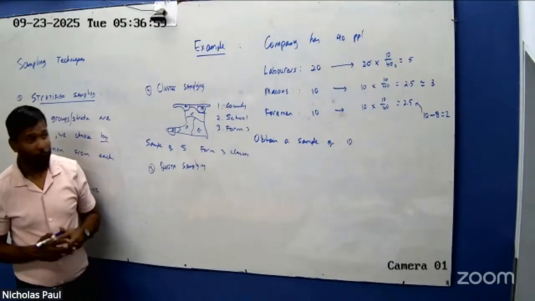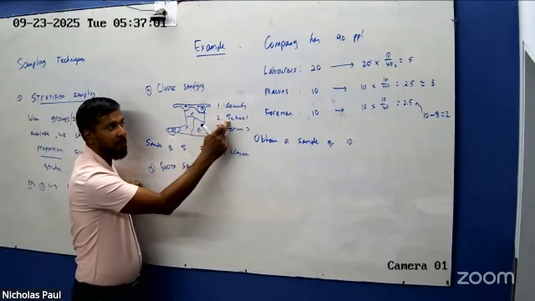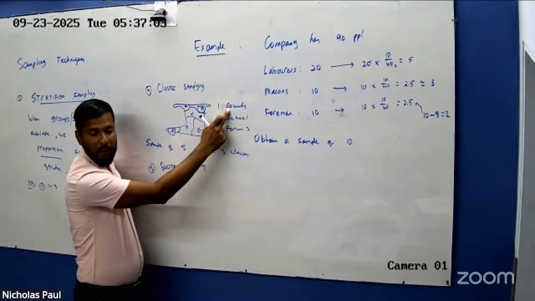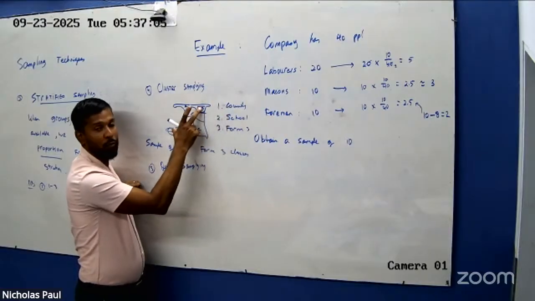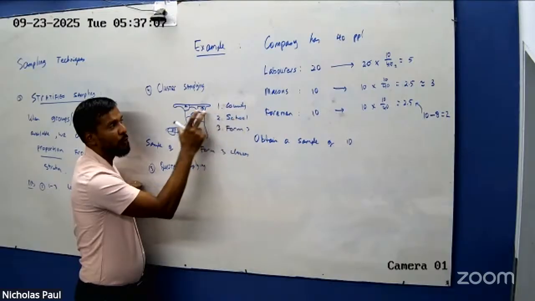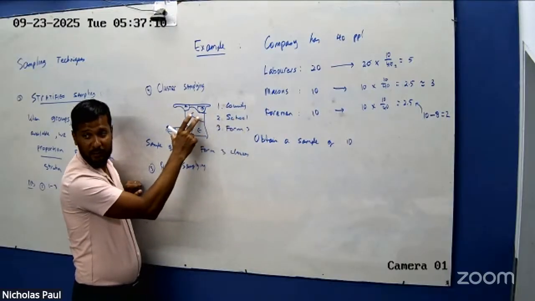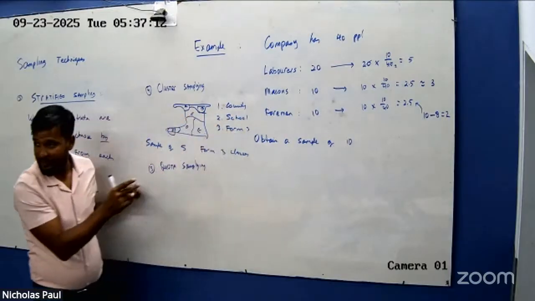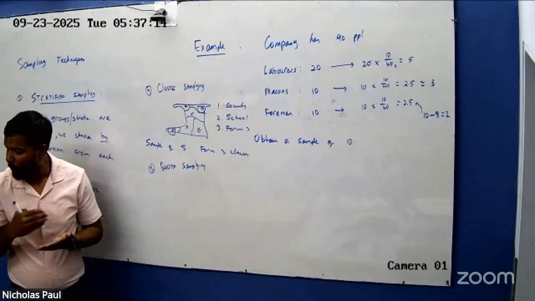So we keep introducing some bias here. When we choose county, we went rural. When we choose schools, we choose small schools, non-prestige. And then here we end up with small classes. So we keep introducing possible errors.